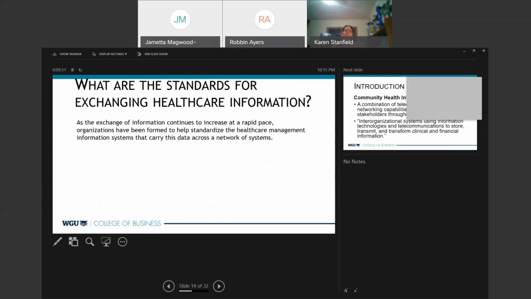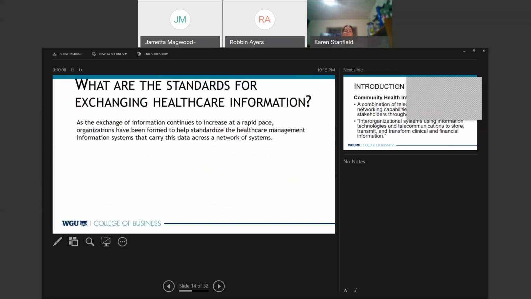Okay. So now we've talked about the systems. What are the standards for exchanging that healthcare information? Okay. As the exchange of information continues to increase at a rapid pace, organizations have been formed to help with that.